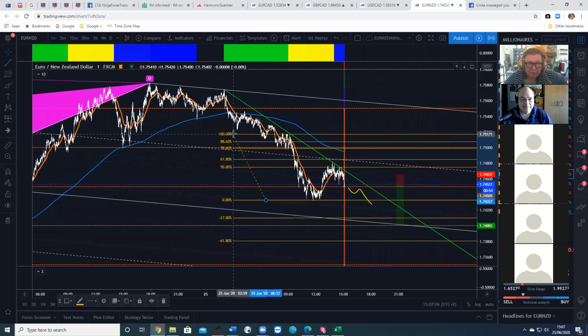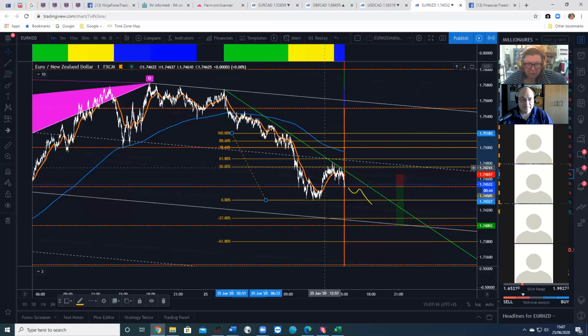I like the visual dashboard they give you for the profit levels. So there we've only got it off the, haven't got it quite up at the 61.8. That's why, you see, that zero line is that stall out level. So you might only get 17 pips or whatever it was we said before it decides to turn back up. 1.74324 is your zero level where it stalled out before.